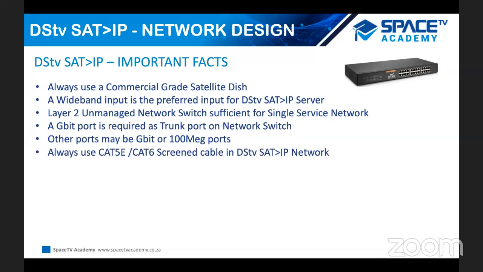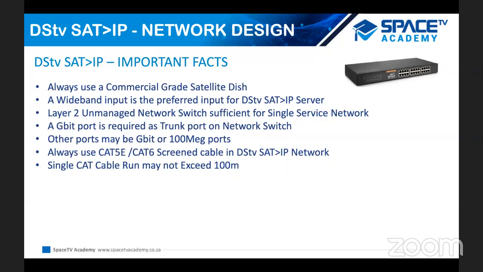As we said earlier, always use Cat5e or Cat6 screened cable preferably, because there is also external interference which could cause issues in your network. And by standard data network protocol, a single Cat cable run may not exceed 100 meters.